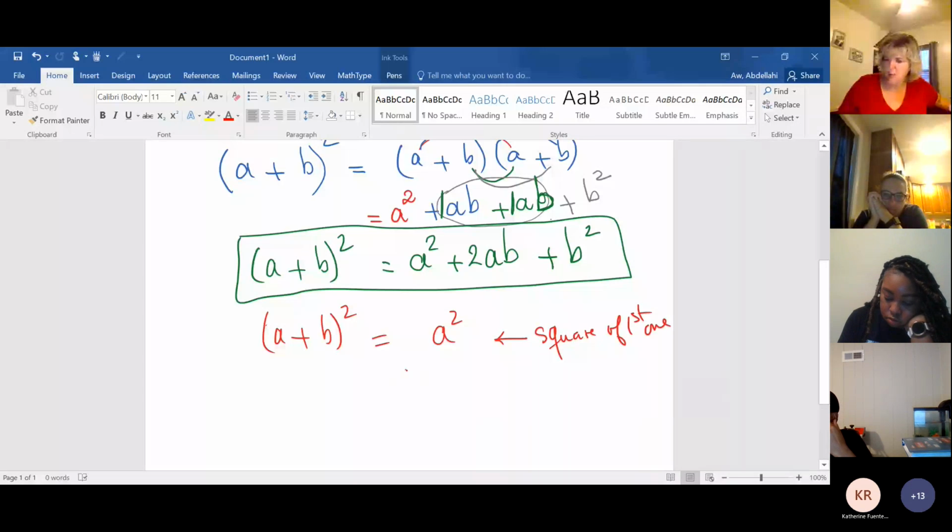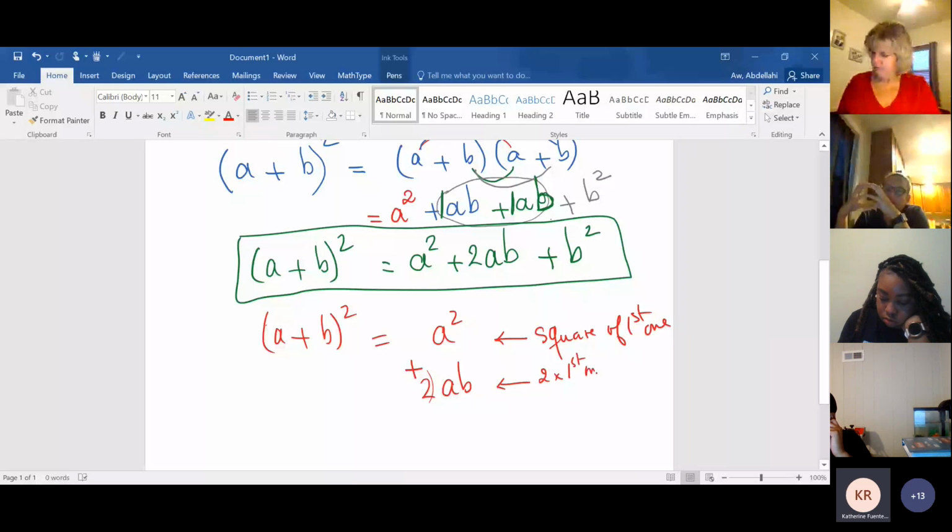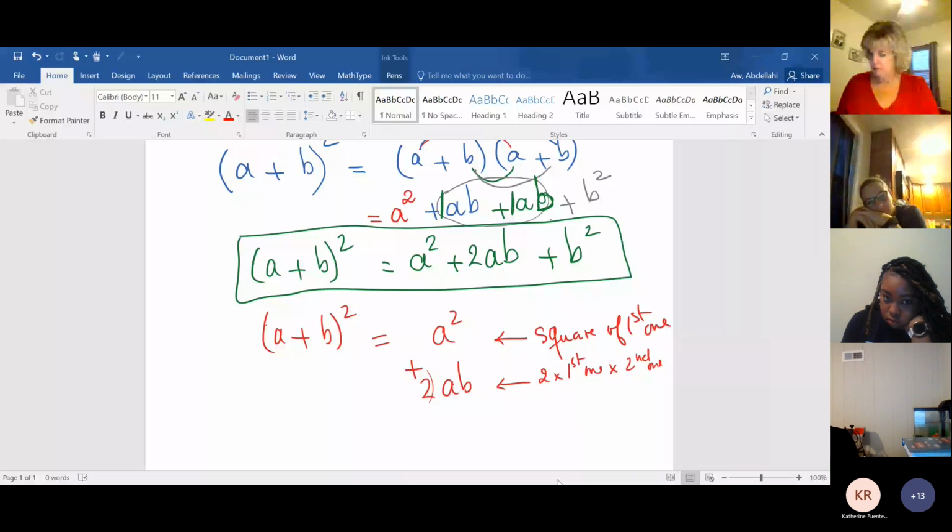Plus what? 2AB, which is you multiply A by B and you multiply by 2, right? Twice, 2 times the first one times the second one. Okay, plus what?